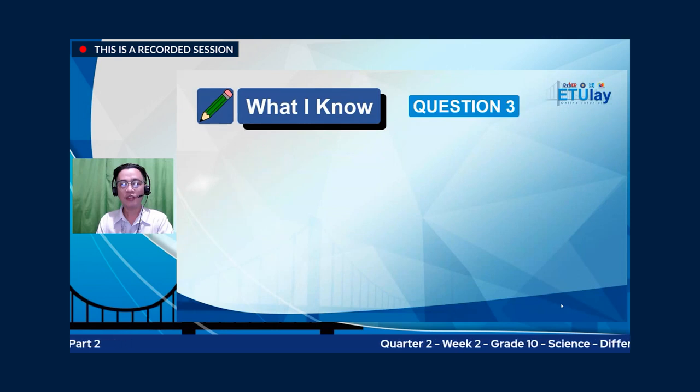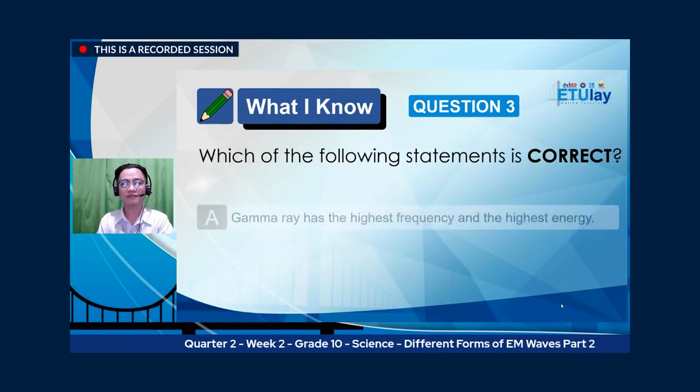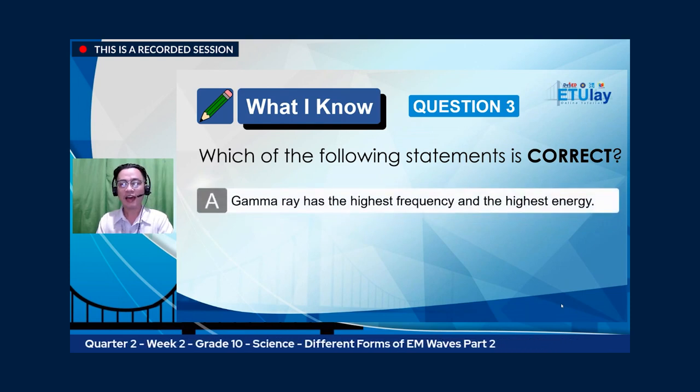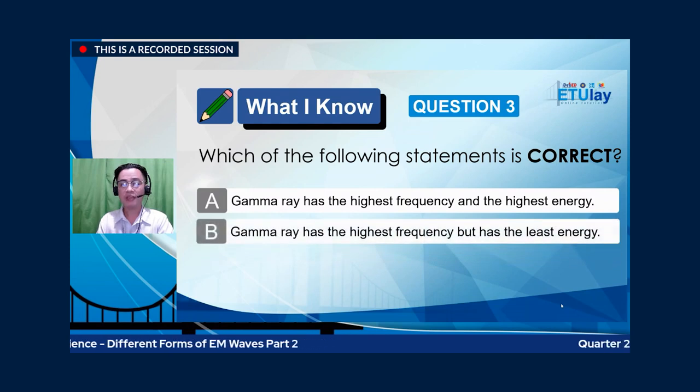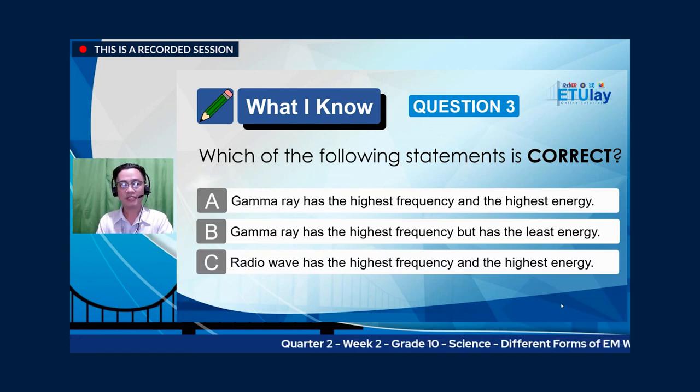Question number 3. Which of the following statements is correct? A. Gamma ray has the highest frequency and the highest energy. B. Gamma ray has the highest frequency but has the least energy. C. Radio wave has the highest frequency and the highest energy.